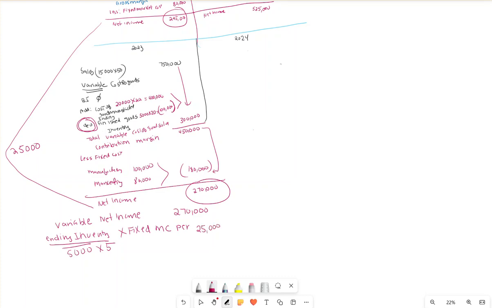If you have an ending inventory, you have to add it. If it's a beginning inventory, you will be subtracting it.